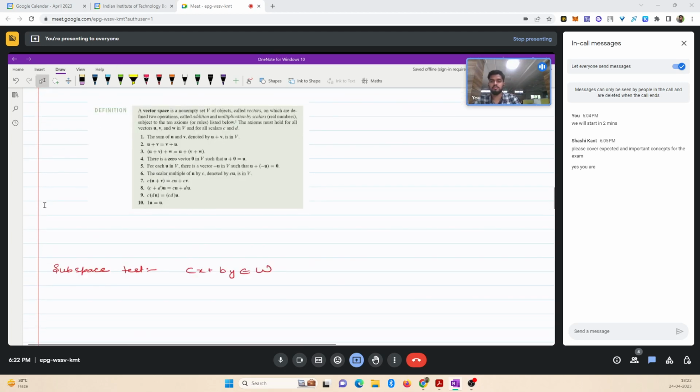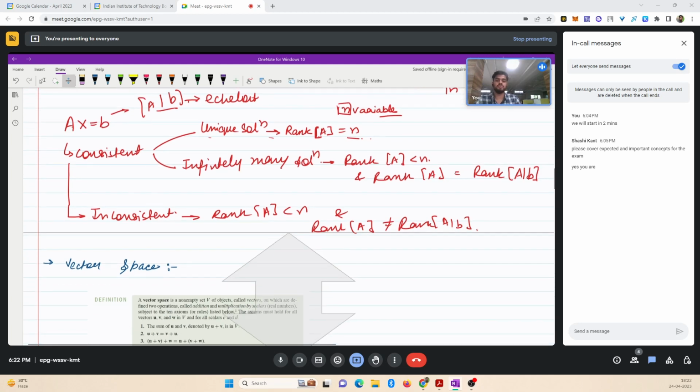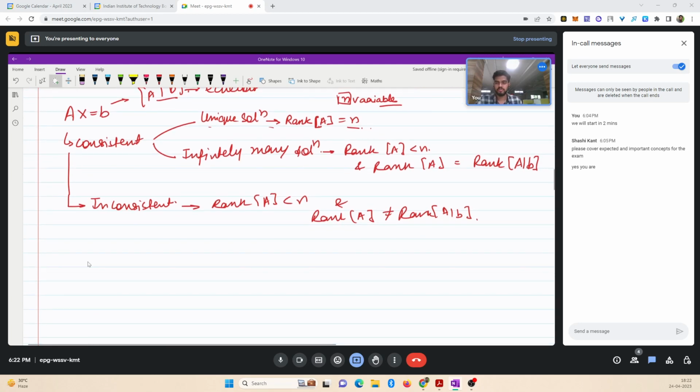I'll not take particular examples for every case, but I'll take a 2 cross 2 example just in case you are still not familiar with the process. Let's take a very simple example. Let's say x plus y is equal to 1 and x minus y is equal to -1.